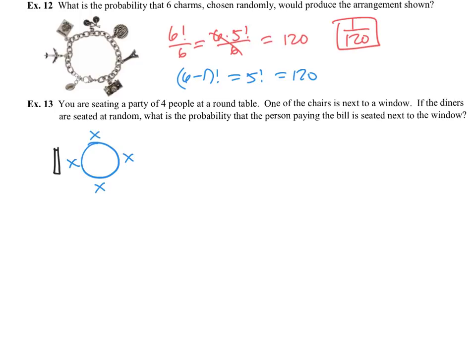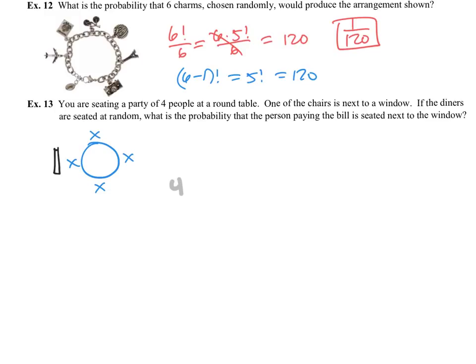There are 4 factorial outcomes here because we could put anybody in this first spot next to the window. So there's 4 possibilities. Then once that person is seated, there'd be 3 for this seat, 2 for this seat, and 1 for this seat. So there are 4 factorial possible outcomes.